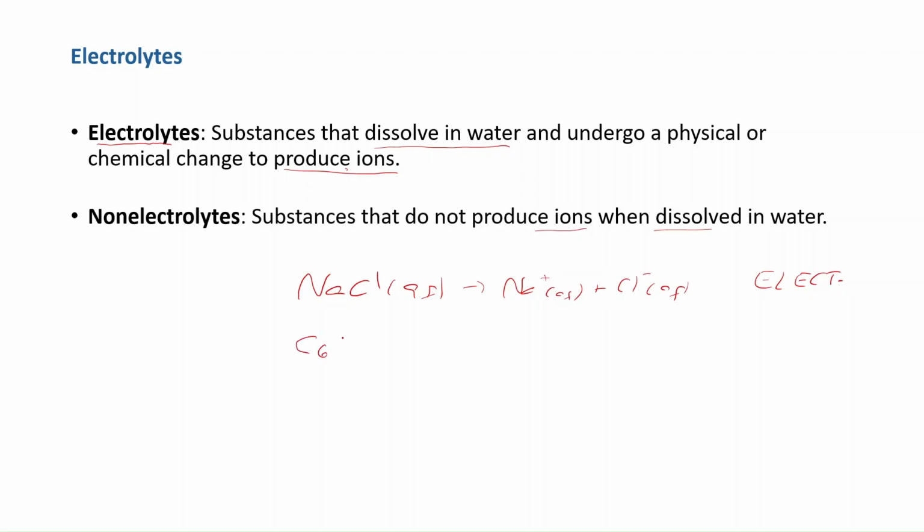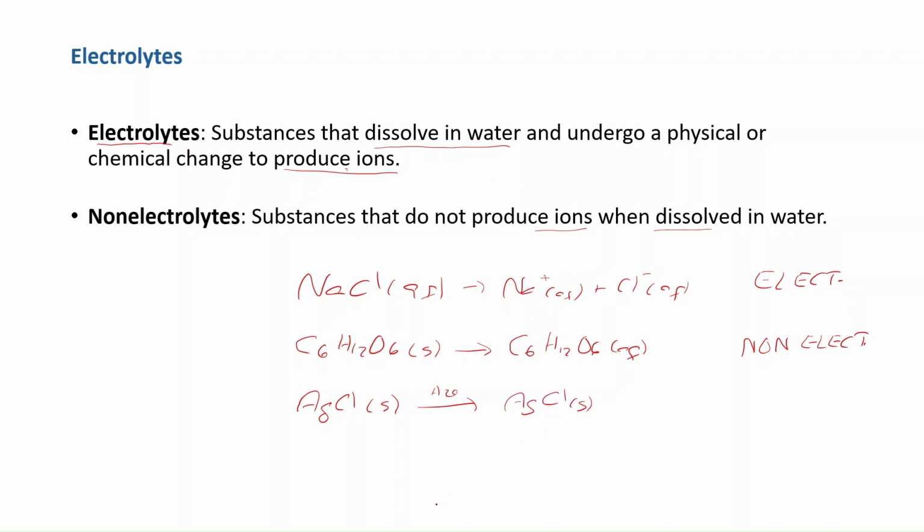Sugar, C6H12O6, if you dissolve it in water, you end up with an aqueous solution. You don't have ions, so that's a non-electrolyte, even though it dissolves. Silver chloride, if you have solid silver chloride and you add it to water, you still end up with solid silver chloride.